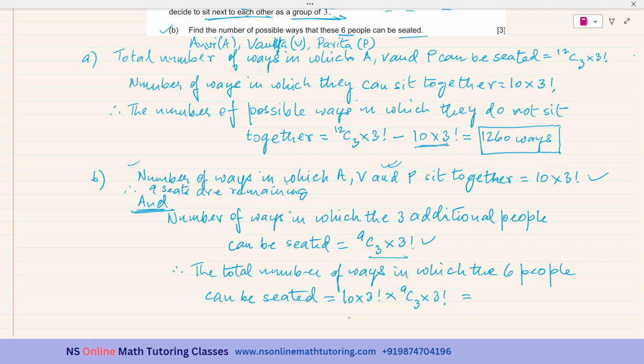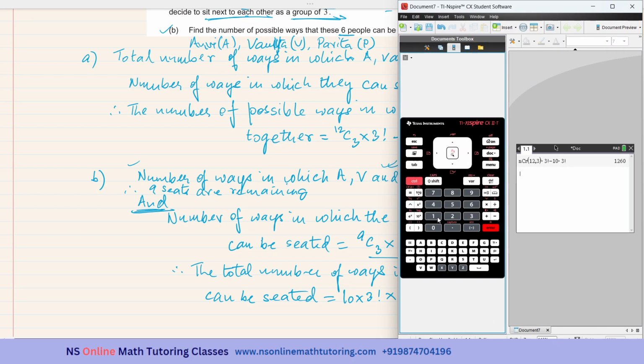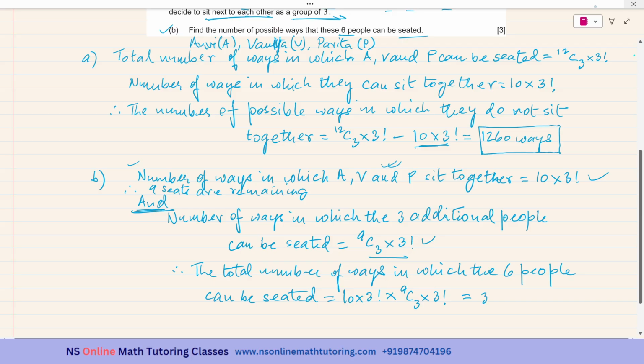So this is equal to 10 times 3 factorial times nCr 9, 3 and times 3 factorial, equal to 30240. 30240 ways.